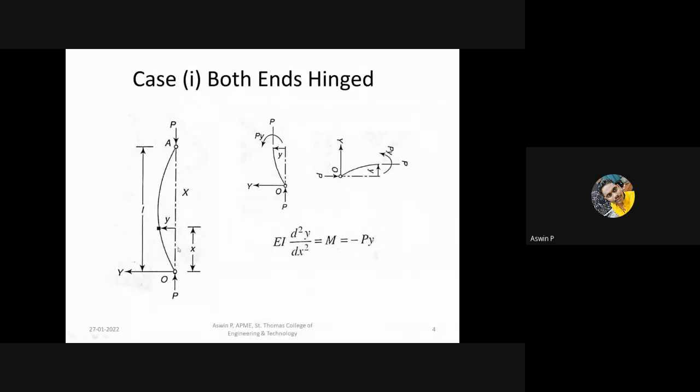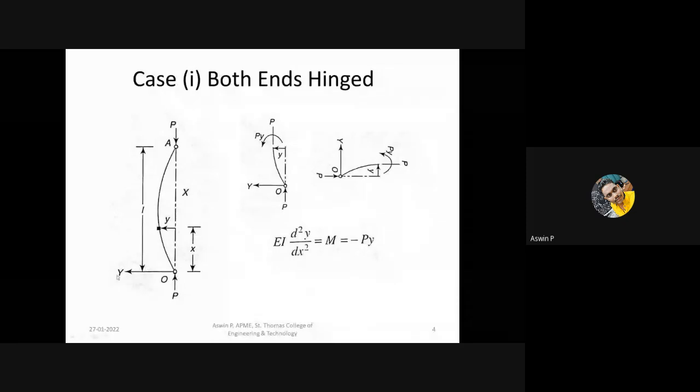If we consider this length as x, the deflection at that x distance will be y. Just check this, because in normal cases we draw y as the vertical line and x as the horizontal line, but for a column we consider the vertical axis, the axis of the column, as the x axis and the horizontal direction as y.